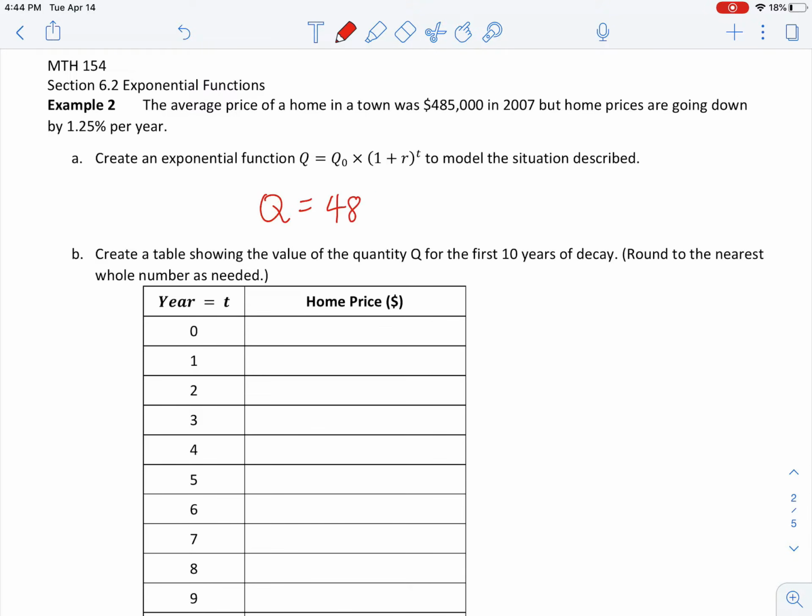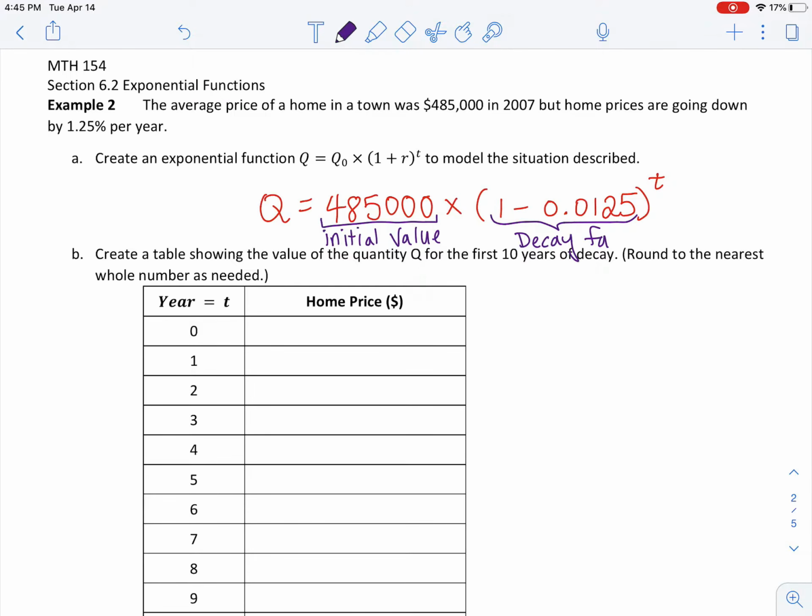So if you look at example 2, we wrote the equation as Q equals 485,000 times 1 minus 0.0125, and we raised that to the tth power, right? So here, the initial value was this 485,000, and the growth factor, I'm sorry, not the growth factor.